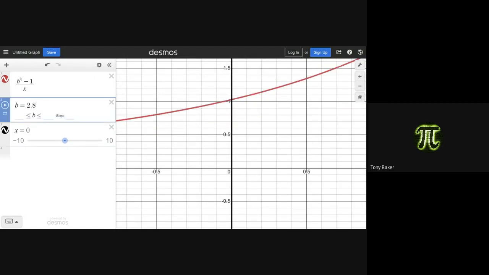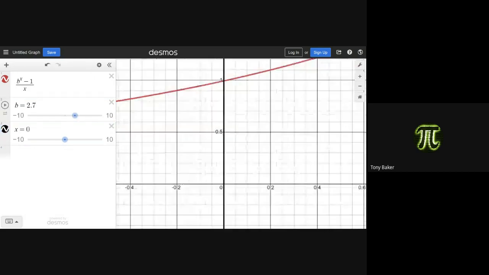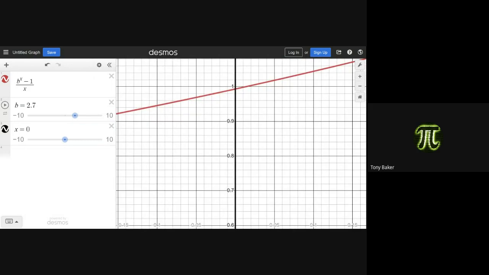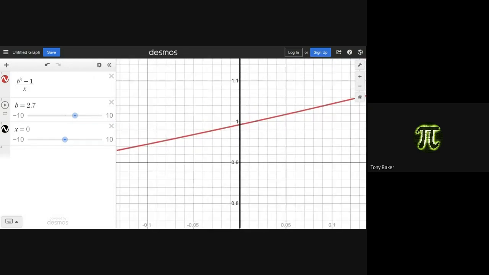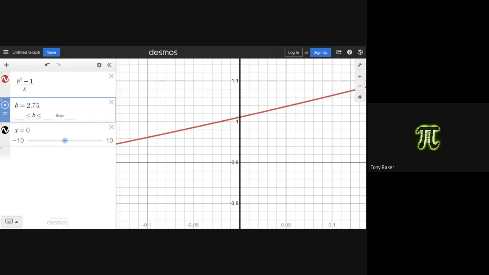We're getting closer. It's just below it. That's above it. If I set the limit to approach 1, I'm not looking at 0, though.